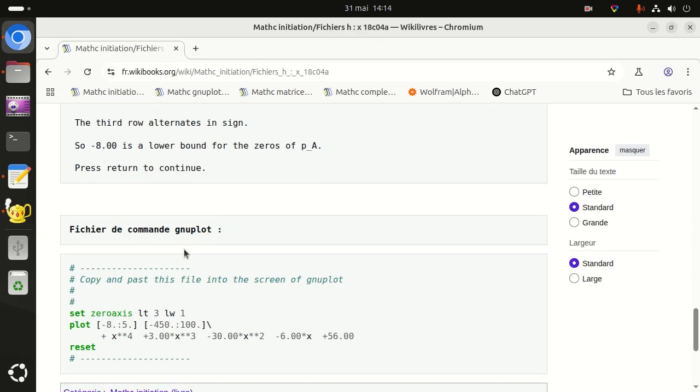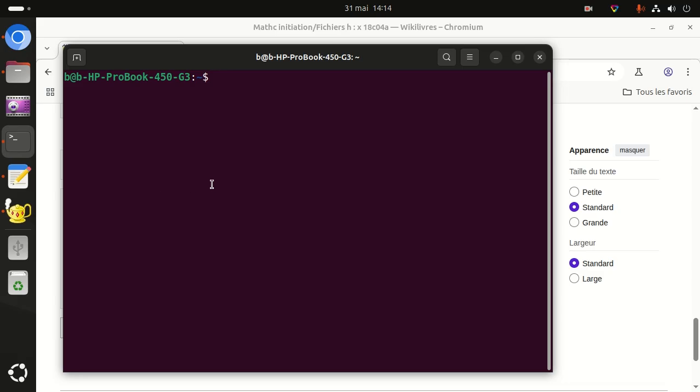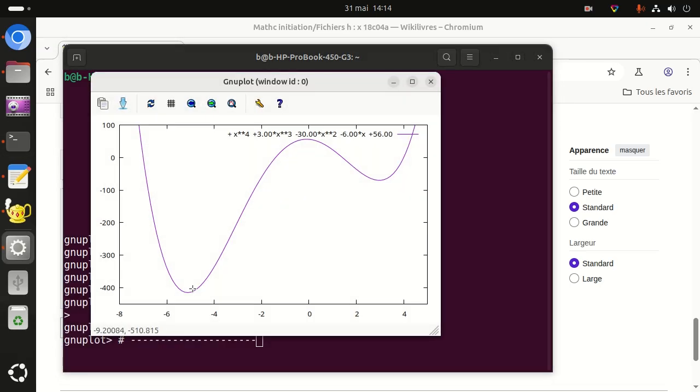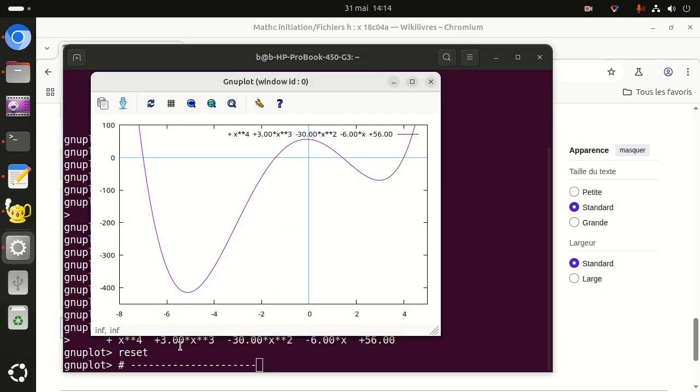I want to plot the polynomial into Gnuplot. I call Gnuplot. I copy the code. Now, this is my polynomial.